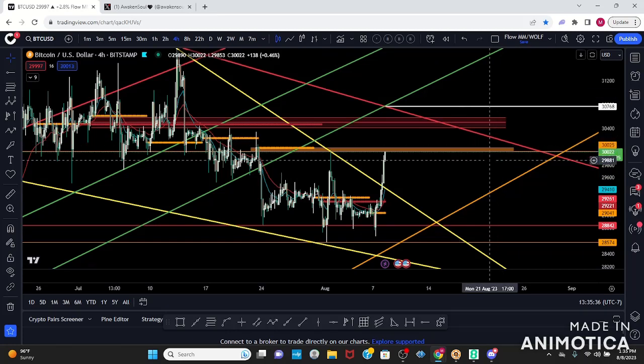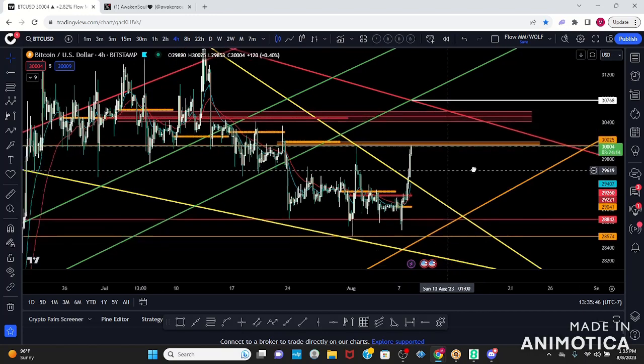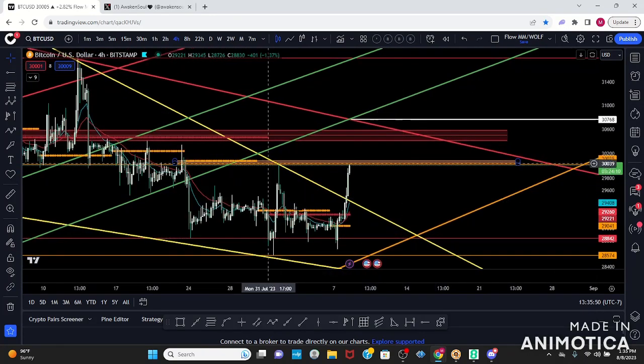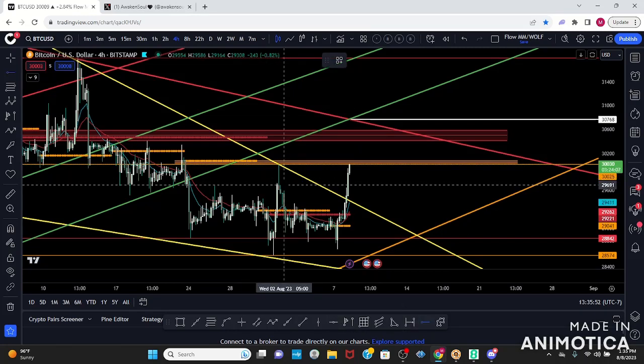That's the thing with technical analysis: using all your analysis, using your information, and trying to figure out where the price action is headed next. So remember, our daily target is going to be right here.